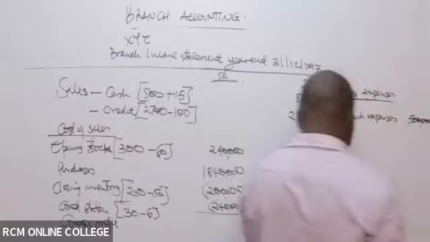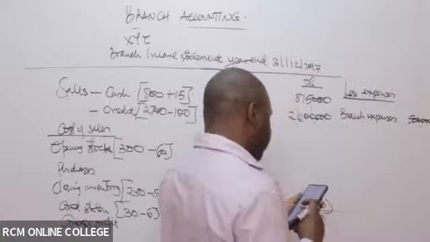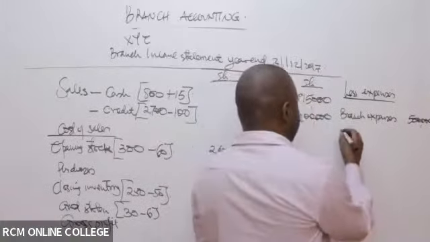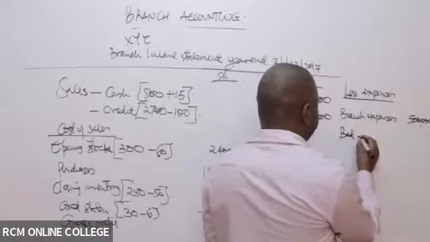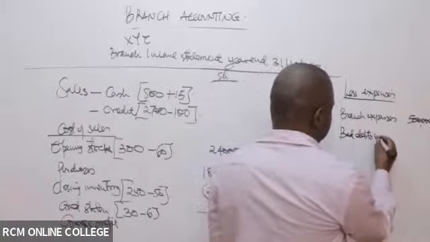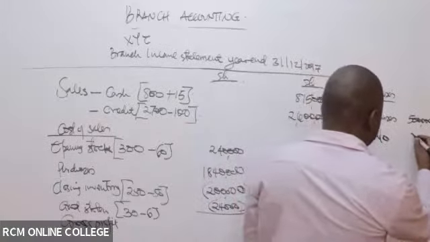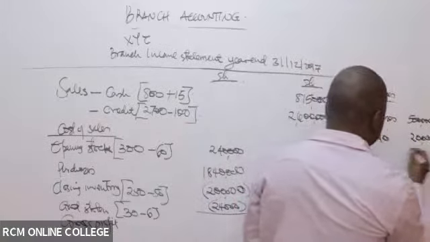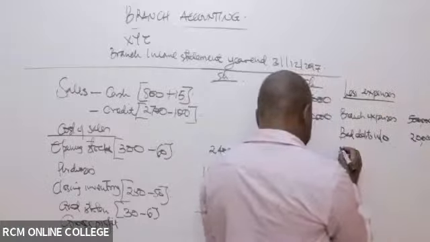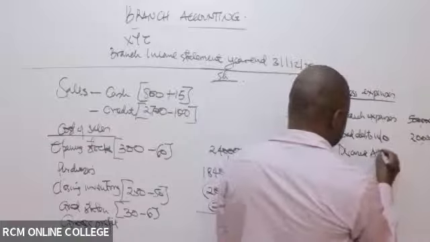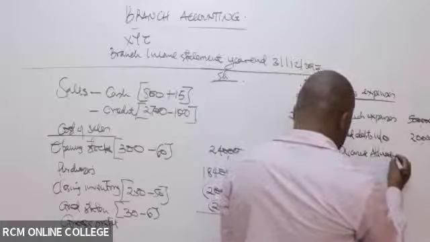Then the other expense we have is bad debt written off, which is 20,000. Then you have discount allowed, which I think is 30,000.